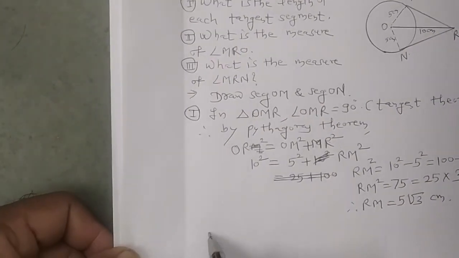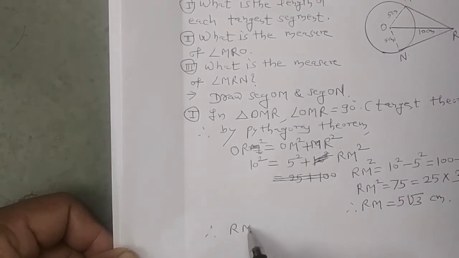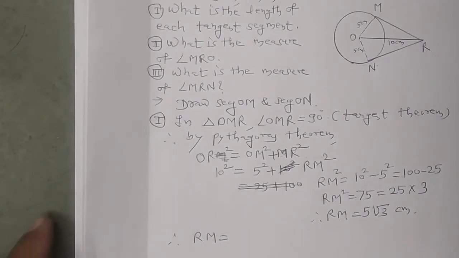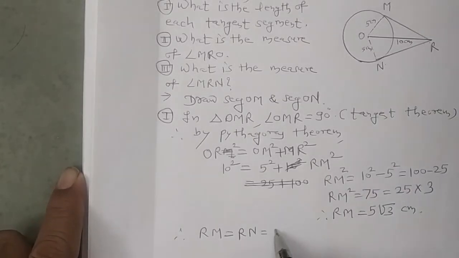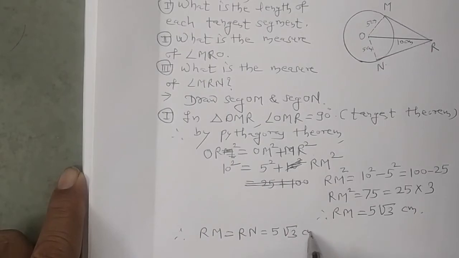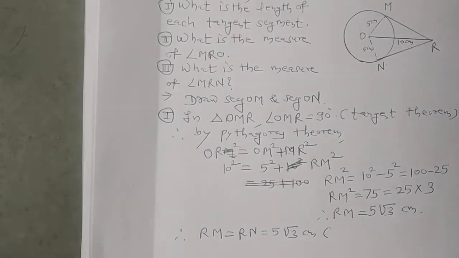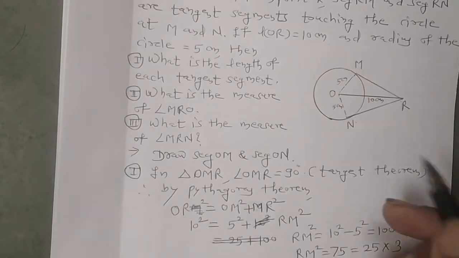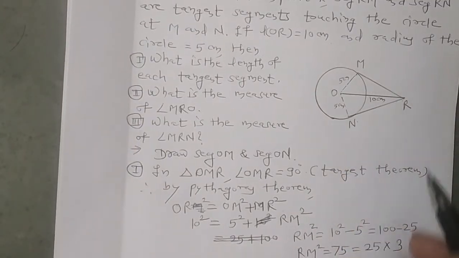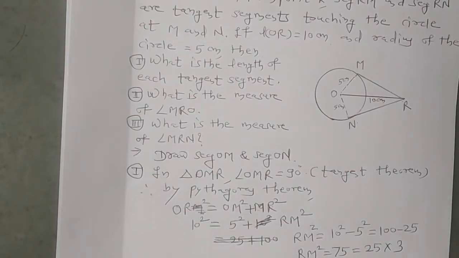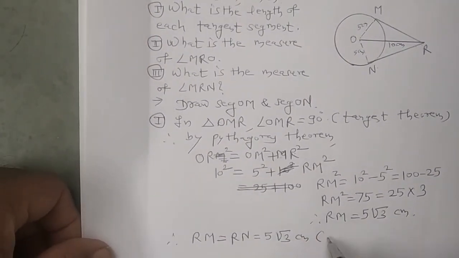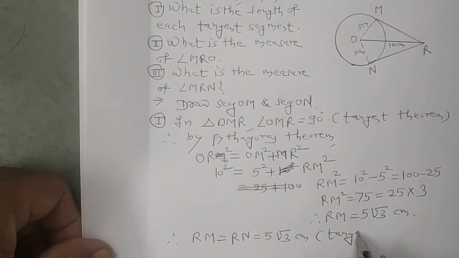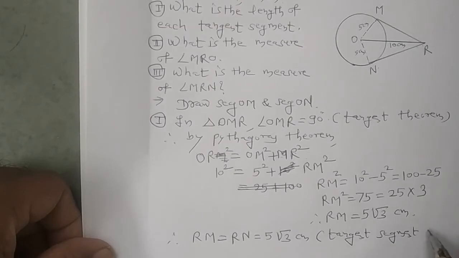Therefore, RM is equal to, RN is equal to 5 square root 3 centimeter. Write down in bracket, RM is equal to RN is equal to 5 square root 3 centimeter, tangent segment theorem.